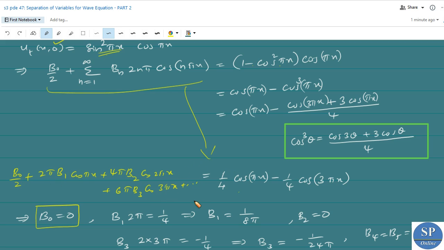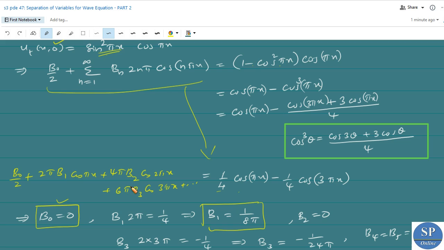Now 2 pi b1 is equal to 1/4, the coefficient of cos pi x. So from this we get b1 is equal to 1 by 8 pi. This is b1.